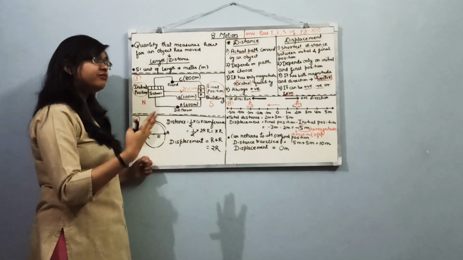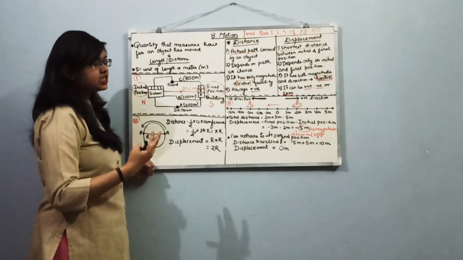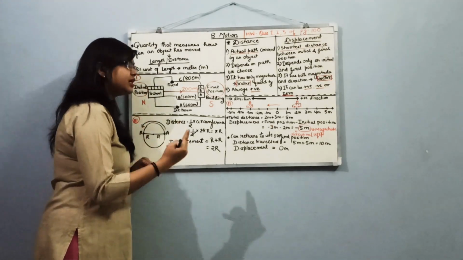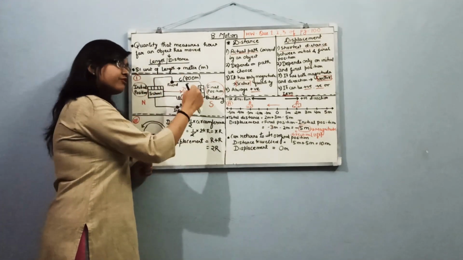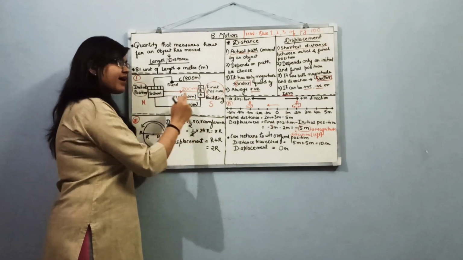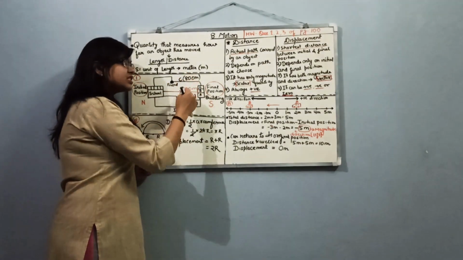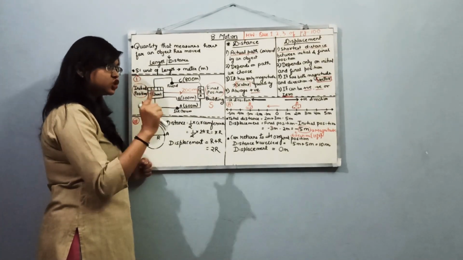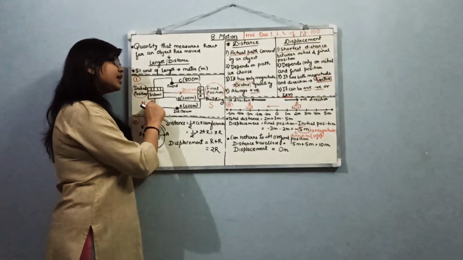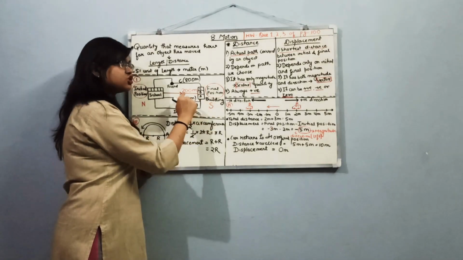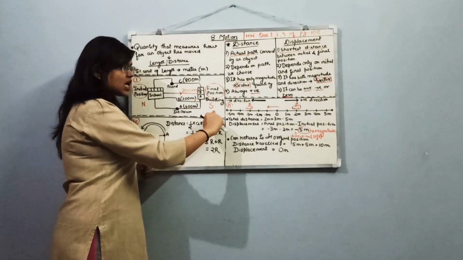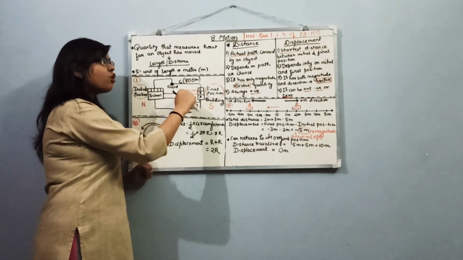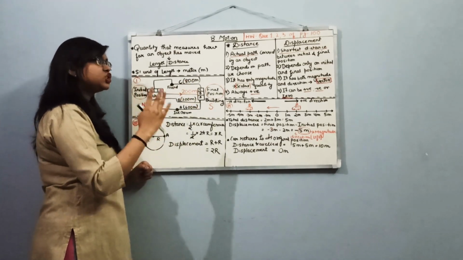But for our convenience, we need to add direction, because we should know in which direction that shortest distance is. So the shortest path between the initial and final position is 200 meter in the south direction. This is the displacement for all three students.